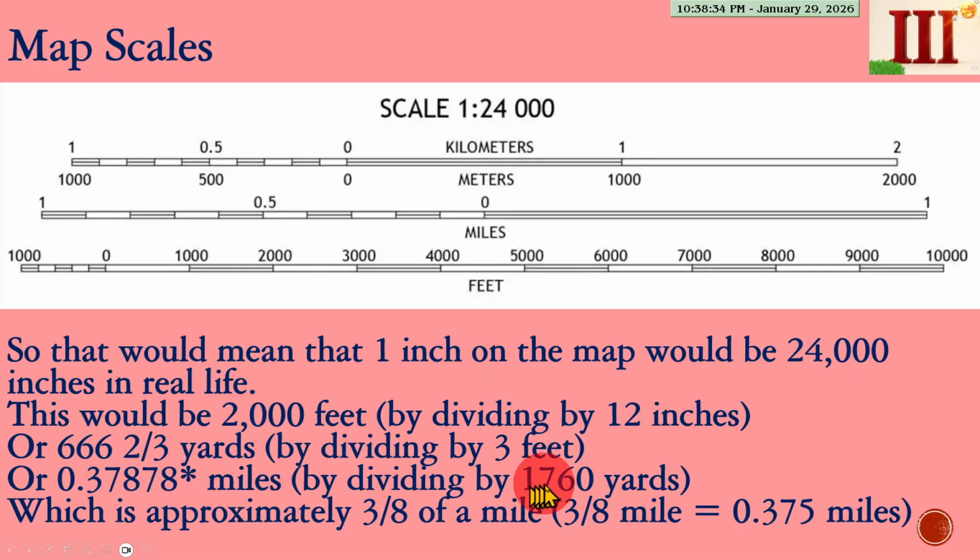If you divide by 1,760 yards, the numerical value is approximately 3/8 of a mile, which is 0.375. So 1 inch on this map would be equivalent to approximately 3/8 of a mile.